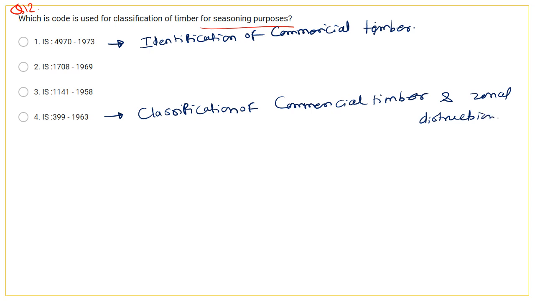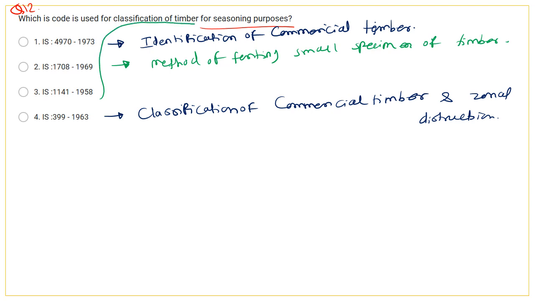Then this second one is used for the method of testing small specimens of timber. And this third one is used for the classification of the timber for seasoning purpose. So here option number third is correct for question number 12.